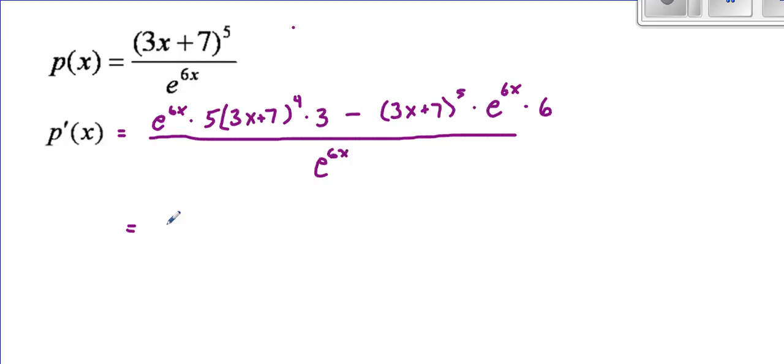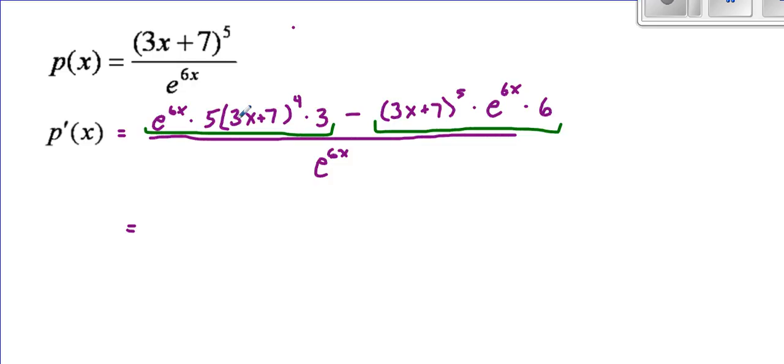The only thing we might choose to do now is to factor out and simplify this. So for the correct answer here, to match with the back of the book or multiple choice, you may want to factor. And I want you to see that we have two terms, two pretty complex terms, but just two terms. So here we go. Out of the first term, I have an e to the 6x here, and I also have an e to the 6x here.